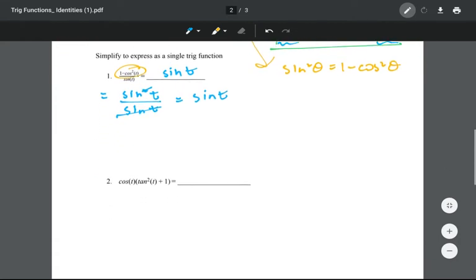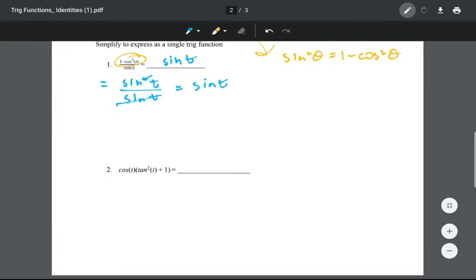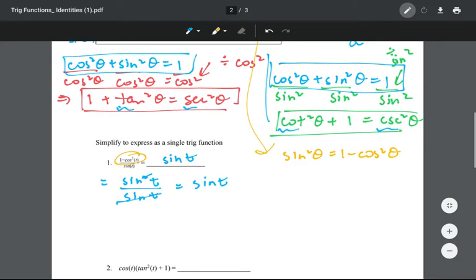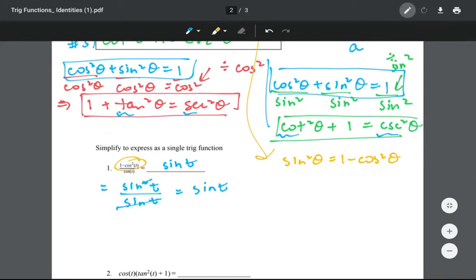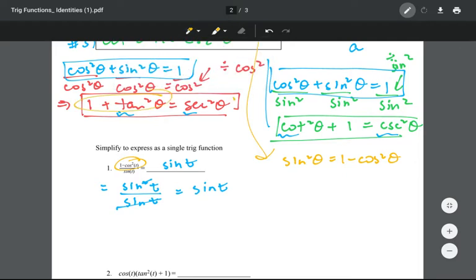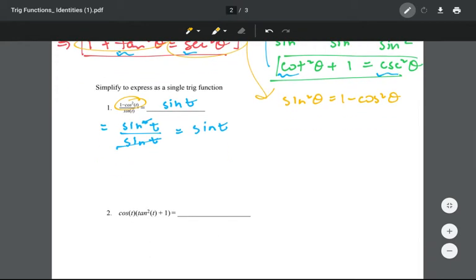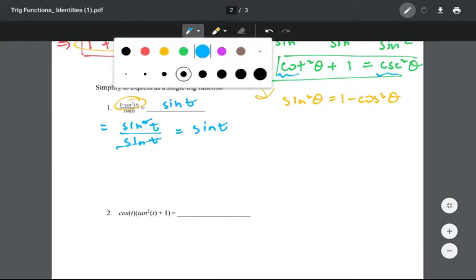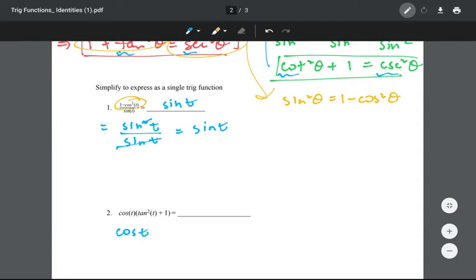For the next one, I've got cosine t times the quantity tangent squared t plus 1. If I look up here, I see that tangent squared plus 1 is equal to secant squared. So I can replace that with secant squared. Let's start there. I'm going to leave the cosine. So cosine t times secant squared t.